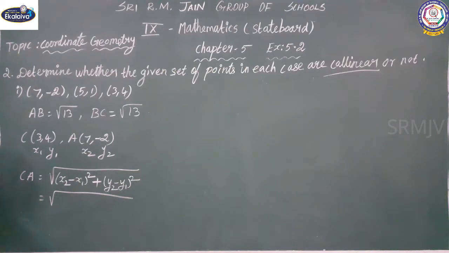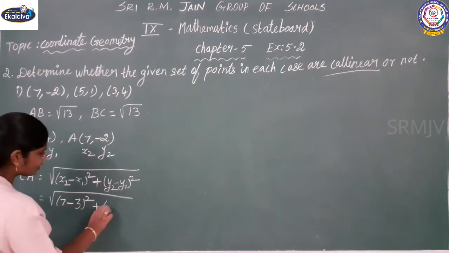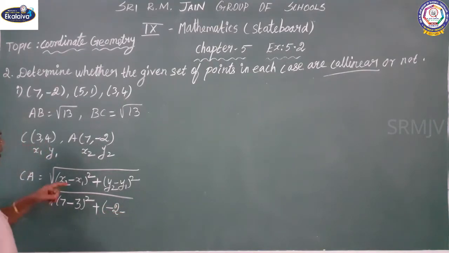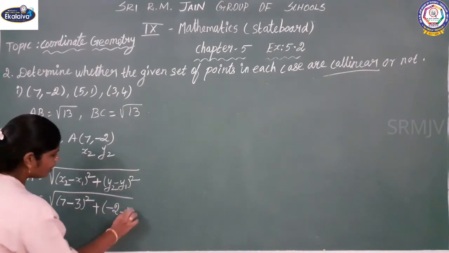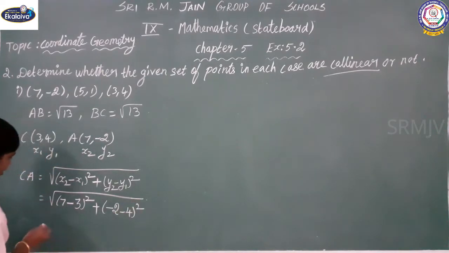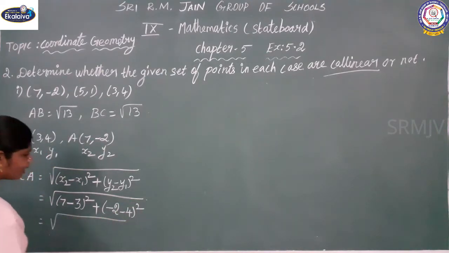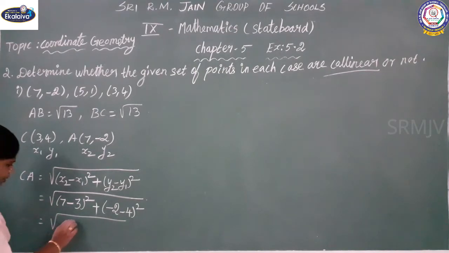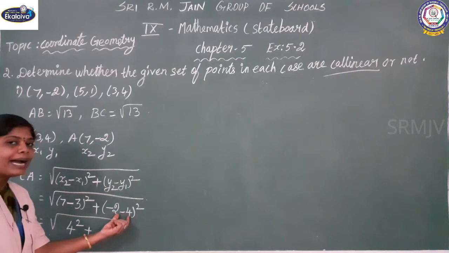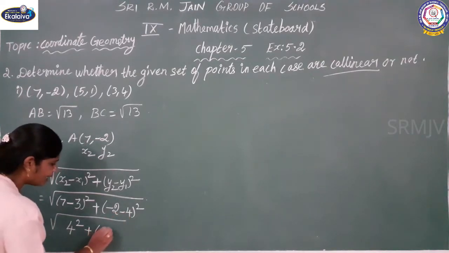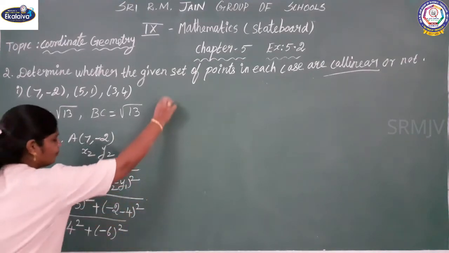So what is the value of x2, children? x2 is 7. So 7 minus x1 3 the whole square plus y2. y2 is minus 2 minus y1 4 the whole square. Okay. So 7 minus 3, what will you get, children? 4. 4 square plus minus 2 minus 4. So what will you get? Minus 6 the whole square.